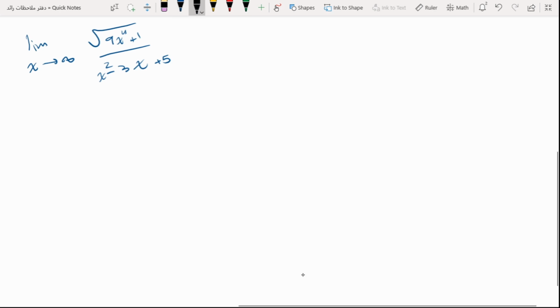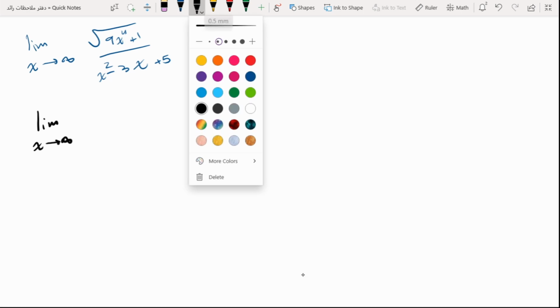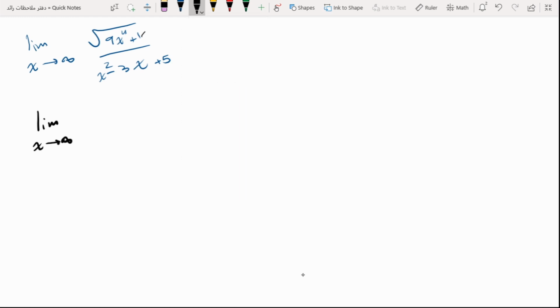As usual, the first step is the limit as x approaches infinity. Take only the highest degree; I don't need 1, I don't need 3x and 5. So radical 9x to the power of 4 over x to the power of 2.